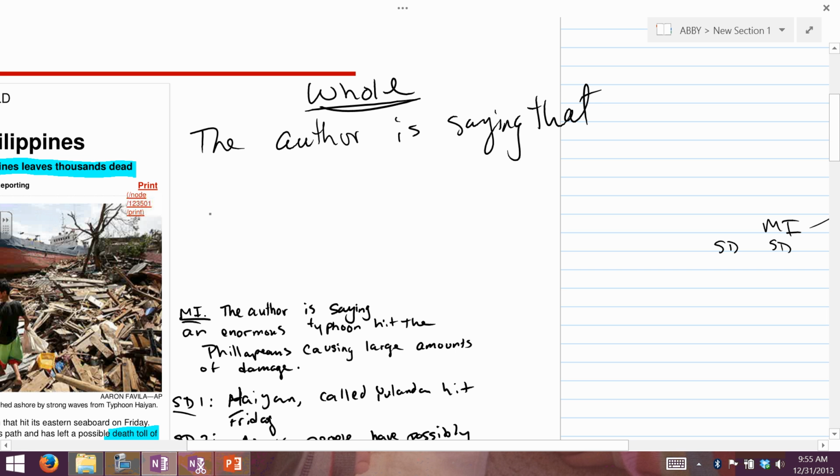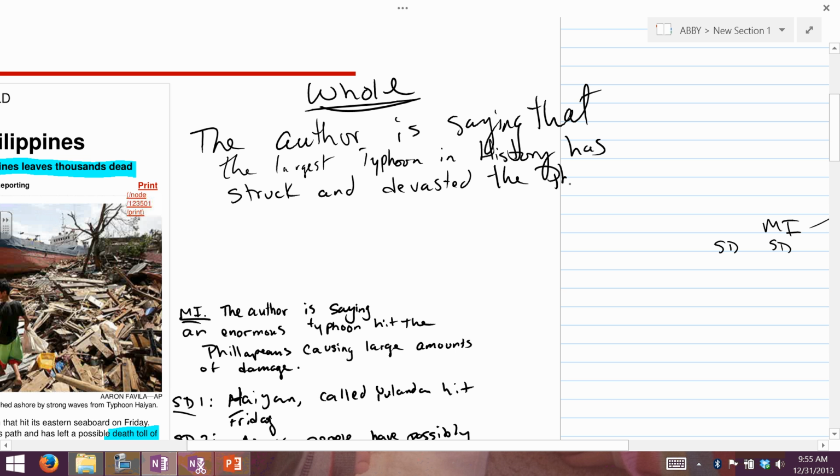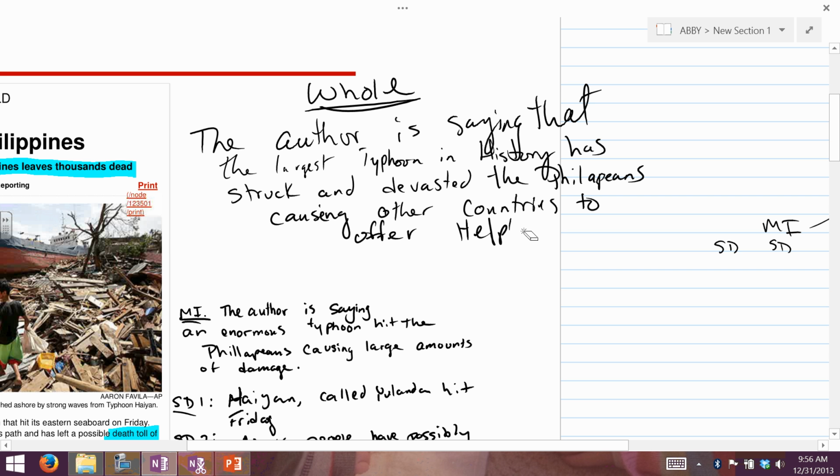The author is saying that the largest typhoon in history has struck and devastated the Philippines, causing other countries to offer help. There we go. Now we have a main idea of the whole thing.